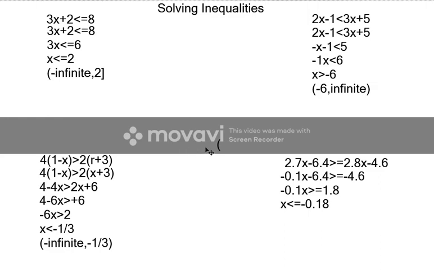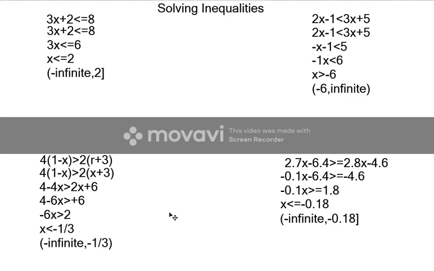So parentheses, negative infinity, comma, negative 0.18, and then a bracket, because you'll have an equal to sign, right? So it'll be a bracket. Put that there. Alright. So yeah, that's basically it.